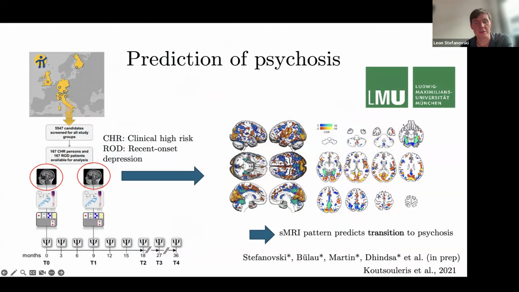How can this then be used? The first use we started is this, which is also still in preparation, to decode empirical data. So it's like colleagues around Nikos Koutouleris from Munich approached us because they had imaging patterns about the prediction of psychosis.